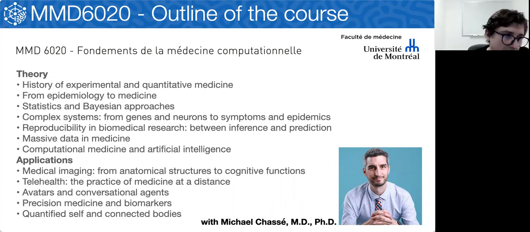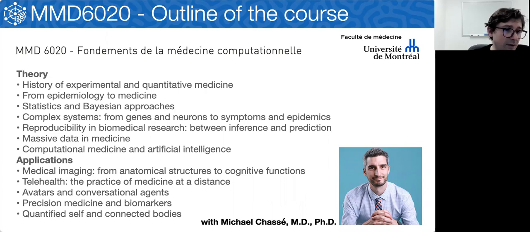At the theoretical level, we ground the concepts for the students with the history of quantitative medicine, and how statistics is actually a pretty recent tool for medical practitioners, especially in clinical trials. It's only in the 20th century that we had the first clinical trial with proper statistics, so it's pretty recent regarding the history of medicine.